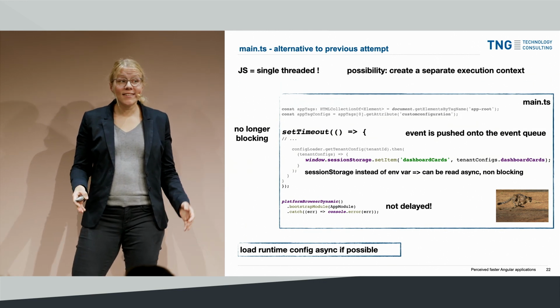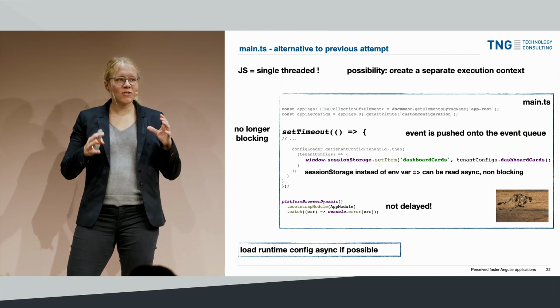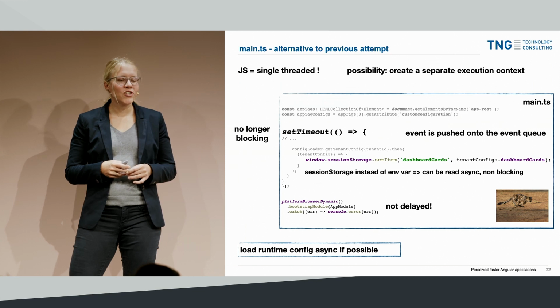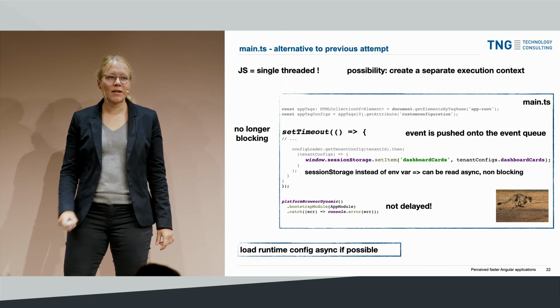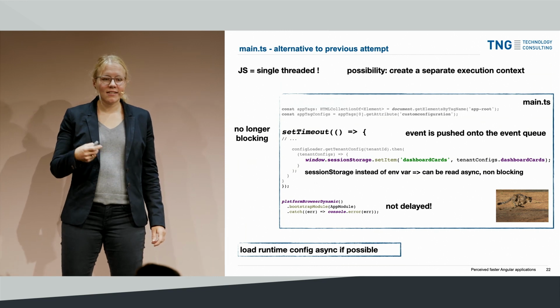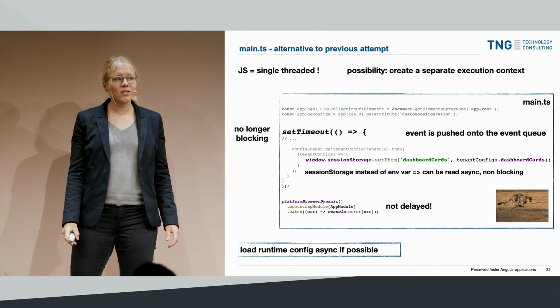And there's an easy way out, an easy alternative, that we can just wrap these lines of code loading that configuration in a setTimeout wrapper function. What is it doing? It's pushing this event to the event queue. It's now treated asynchronously.